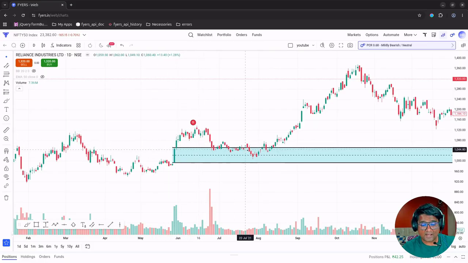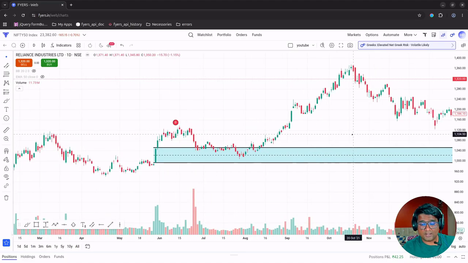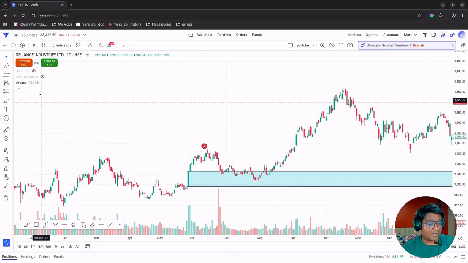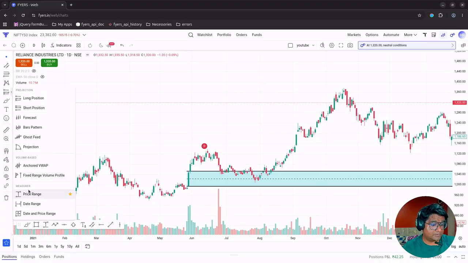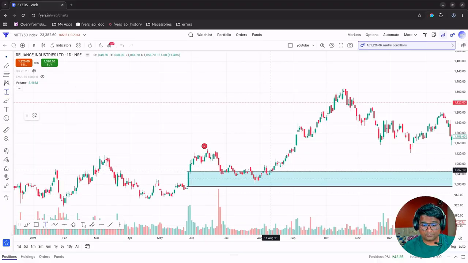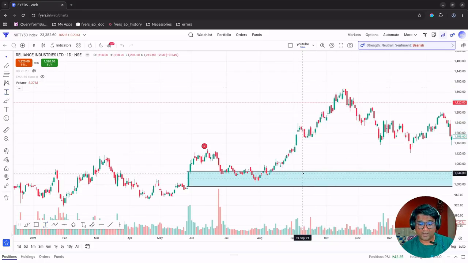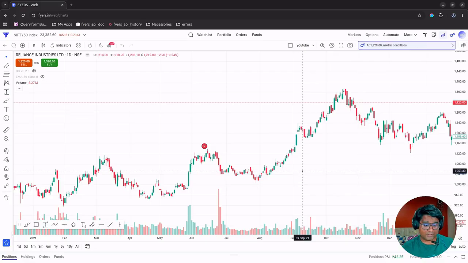Price gets back to this demand zone. Here again, players start buying, and then with this candle, price takes off. And see the returns. 30% returns. This is the most recent one in 21.